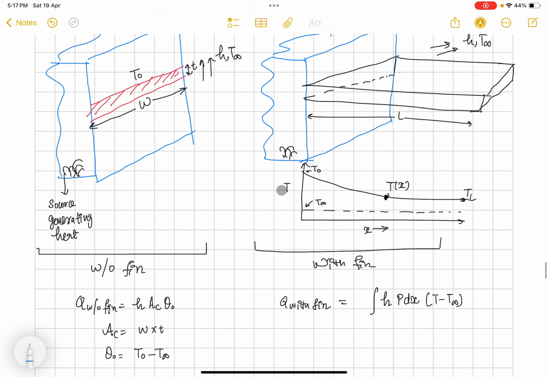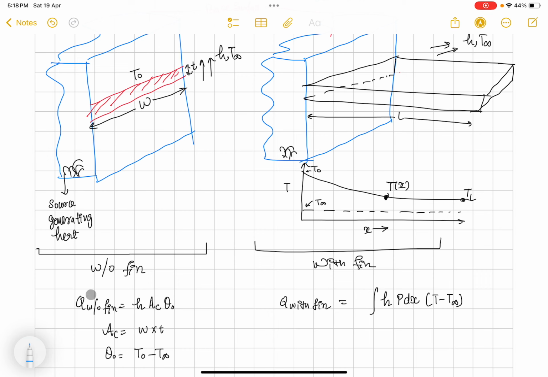And when there is no fin, this cross-sectional area, which is the cross-sectional area of the fin, has temperature T naught, meaning every point on the surface has temperature T naught. But for comparison and for the definition of fin effectiveness, we are considering only this cross-sectional area of the fin, width times thickness.